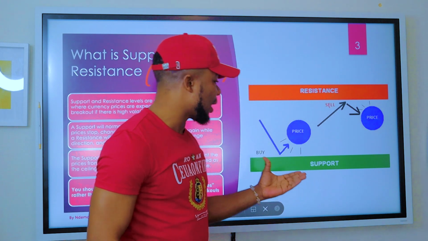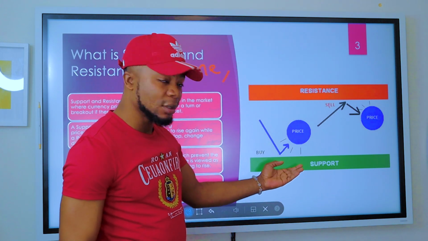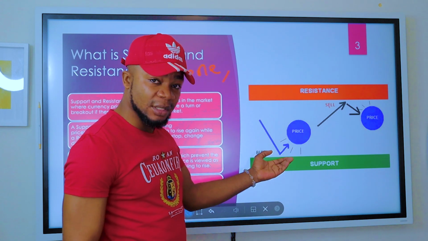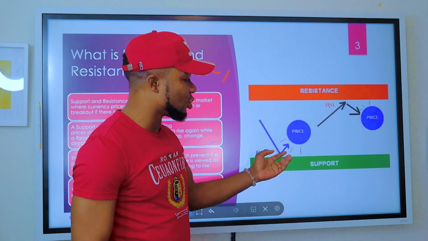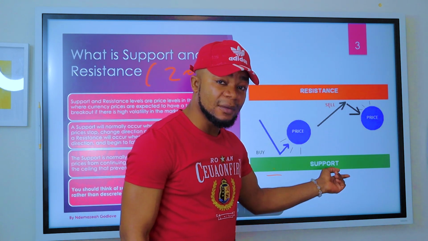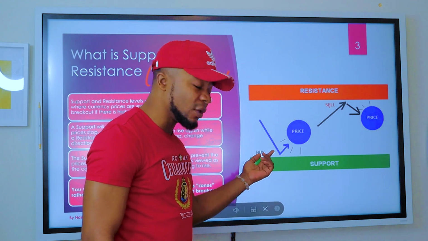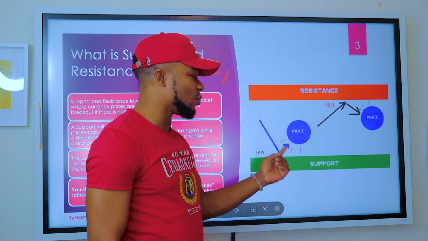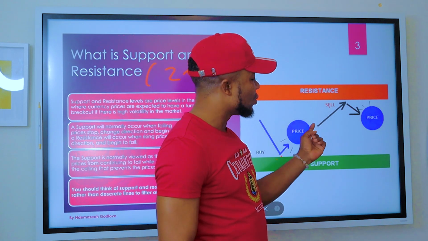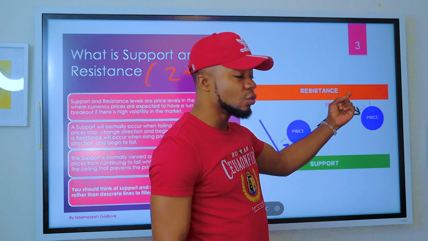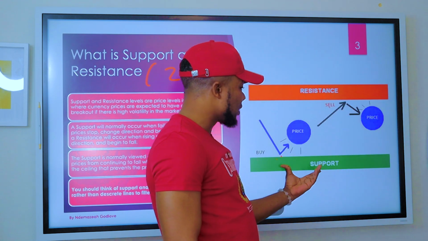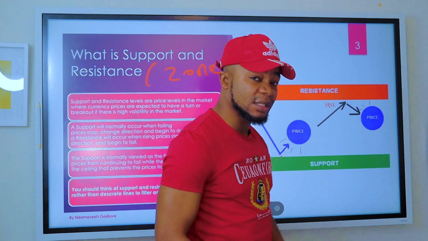The prices were falling, they got to this level, they stopped falling, changed direction and began to rise again. A resistance is where the price was rising, got to that level, changed direction and began to fall again. That is how a support is formed, and that is how a resistance is formed.